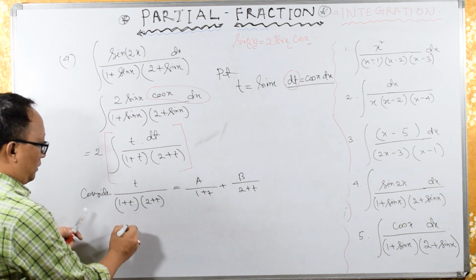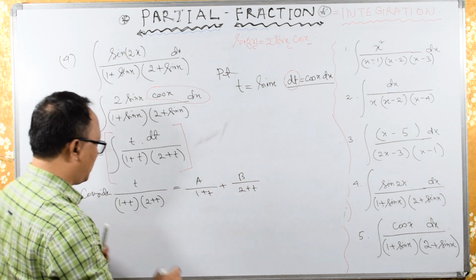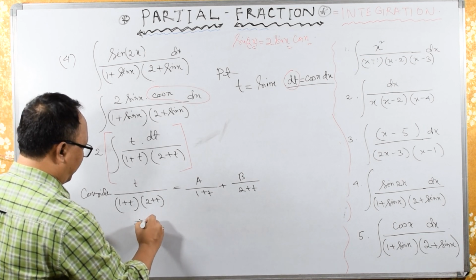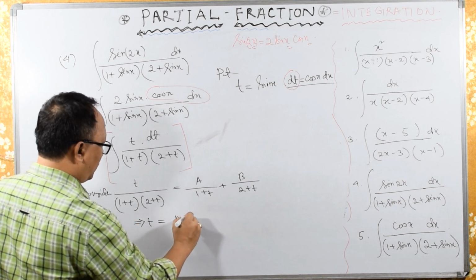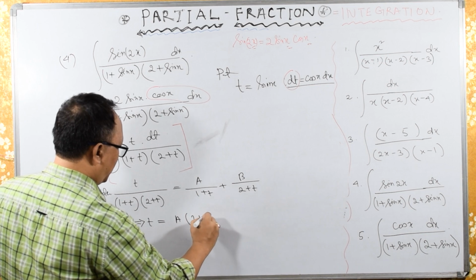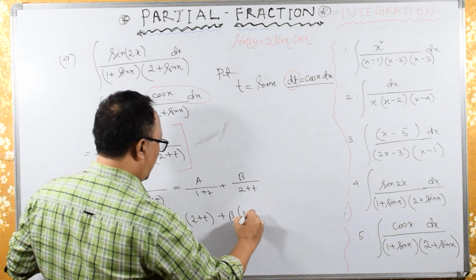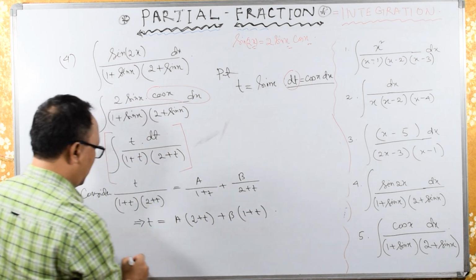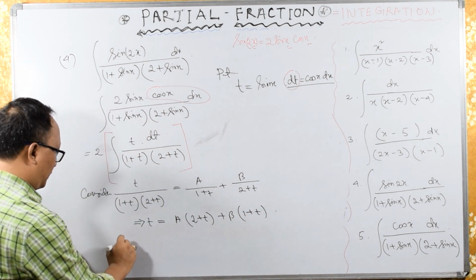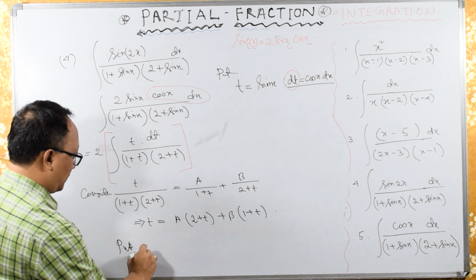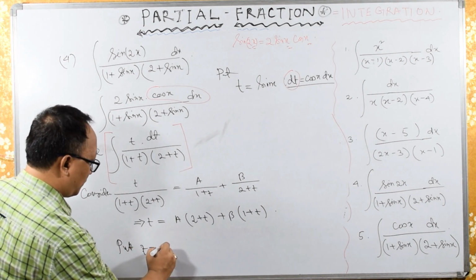Now multiplying this on both sides, what we have is t equals a into 2 plus t plus b into 1 plus t. Now substitute t equals minus 1.